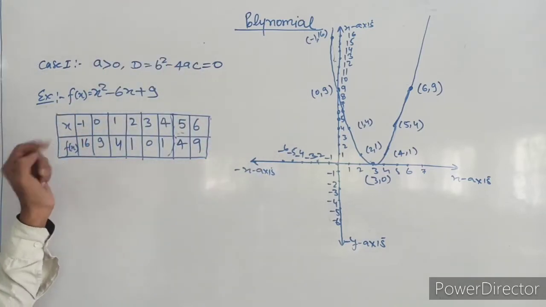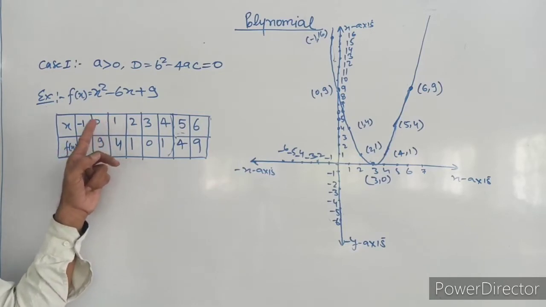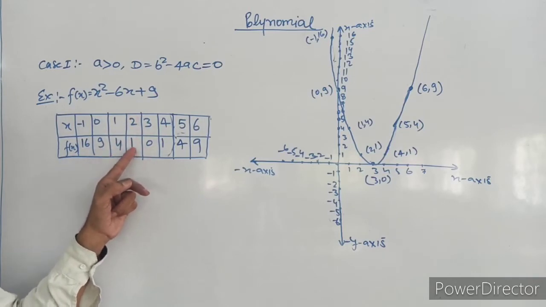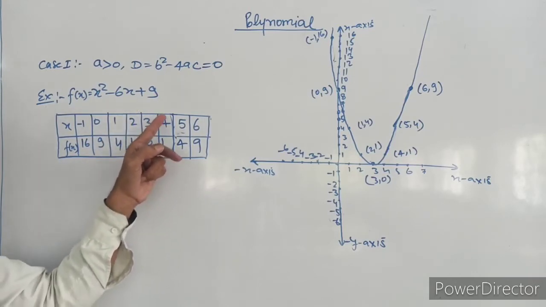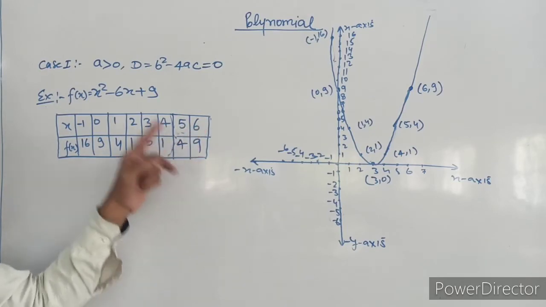Now we find the points: when we put minus 1, you find 16. For 0 you find 9, for 1 you find 4, for 2 you find 1, for 3 you find 0, for 4 you find 1, for 5 you find 4, for 6 you find 9.